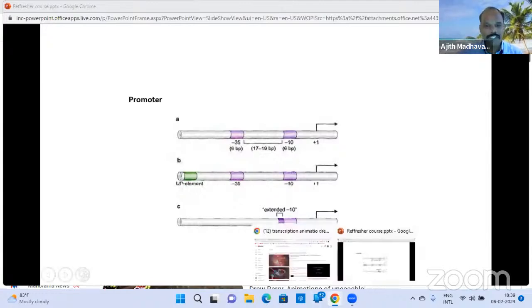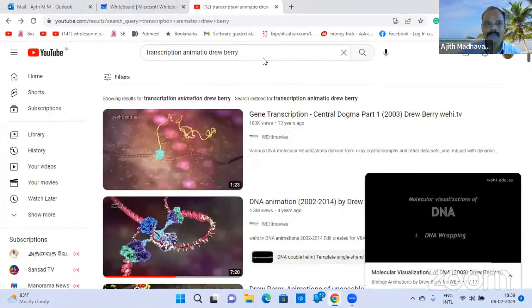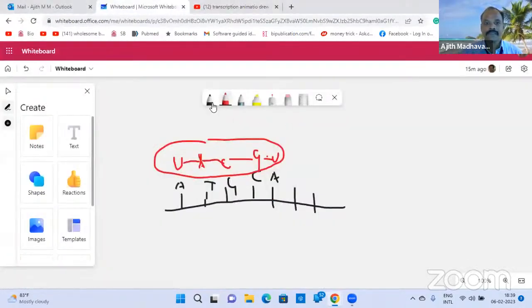I have to give you some background information about this. So listen very carefully. You have a DNA molecule and it has the sequence A, T, G, C, A, T, C, T, A, and so on.